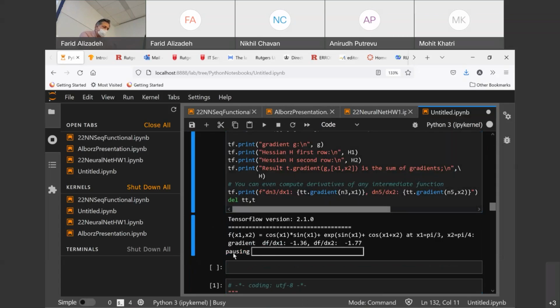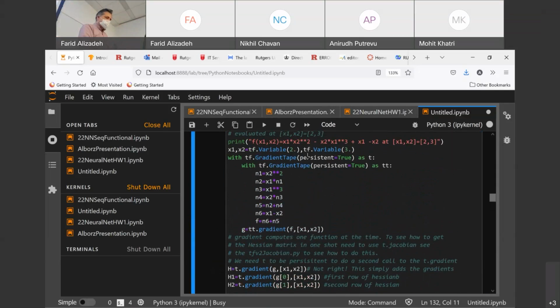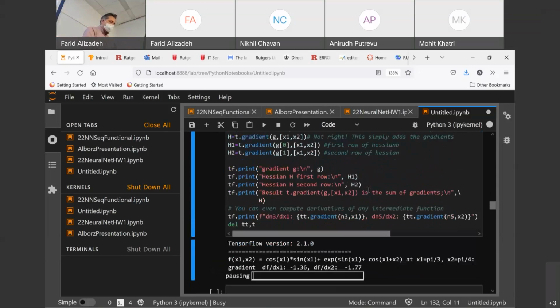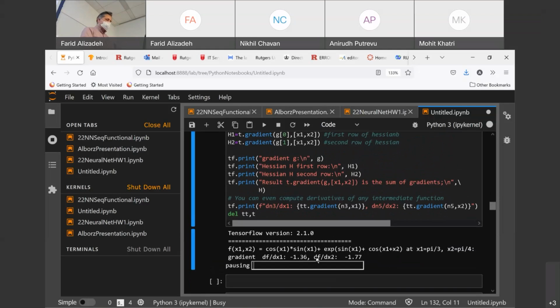So here, the gradient, as I said, is minus 136, minus 177. So if I was doing gradient descent at this point, and my initial point were 2 and 3, then now I have the gradient at this point. The negative of the gradient, that's the direction I will go to improve. Right? So that's the gradient.